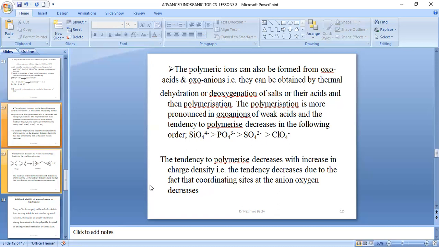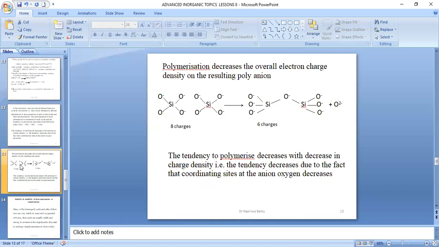The tendency to polymerize decreases with the increase in charge density, as can be seen in this slide.